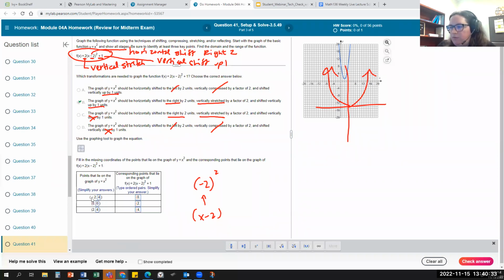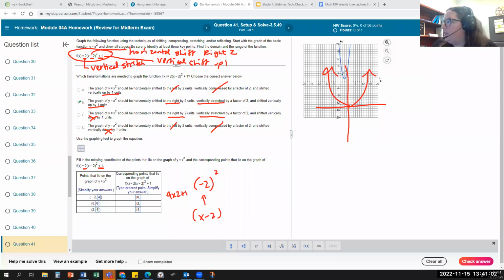I'm shifting all of those x values 2 units to the right: -2 becomes 0, 0 becomes 2, 2 becomes 4. And then for the y coordinate, it is getting multiplied by 2, and then 1 gets added on. So for the 4, we have 4 times 2 plus 1, so 9.